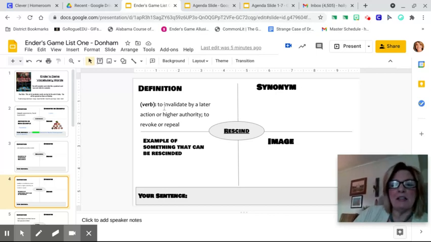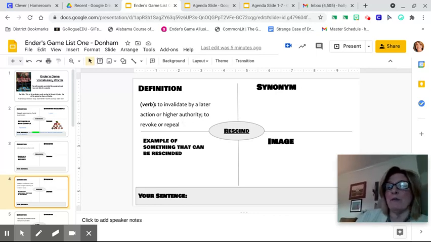To invalidate something means to no longer validate it. If it's validated, it's official, it's approved. But if you rescind it, it's like you've made a promise to do something, but you're taking it back. You've rescinded your decision, or you've rescinded a promise to do something.